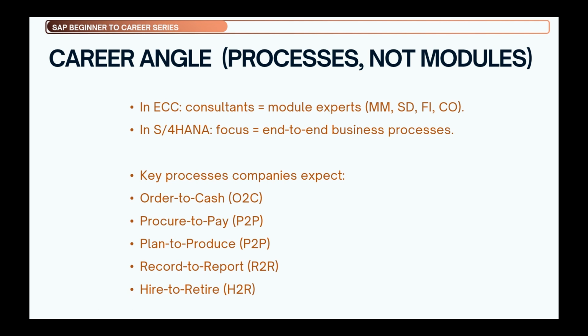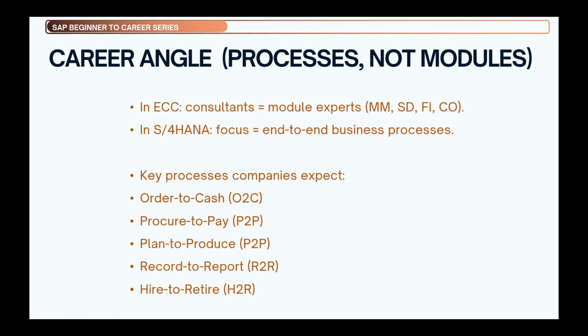Now, a while ago we discussed business processes, O2C, Procure-to-Pay. In those processes, if you can remember, there was more than one module. So when it comes to S/4HANA, if you know sales and distribution, you cannot run the order to cash business process. You need to know material management and FI as well.